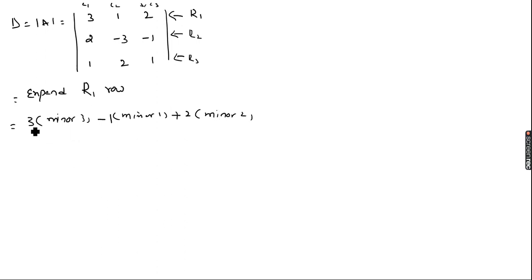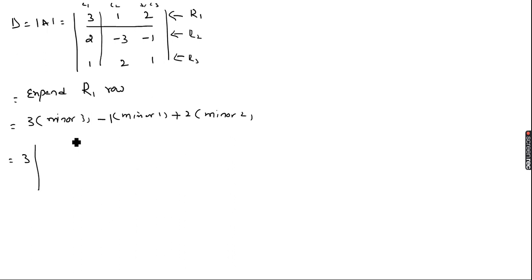The signs are plus, minus, plus, and the elements are 3, 1, 2. So this is 3 into the determinant of the minor of 3. What is the position of 3? It is the first row, first column.